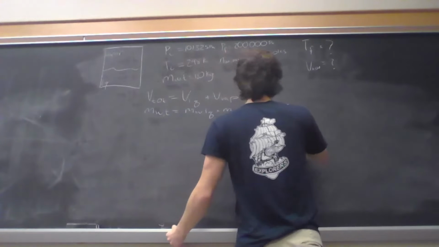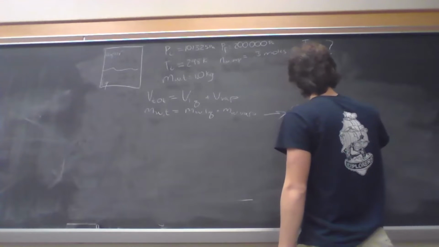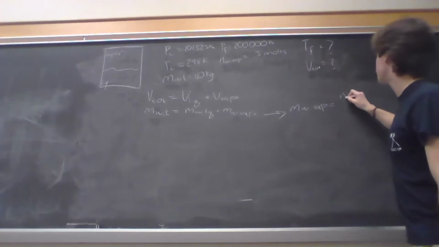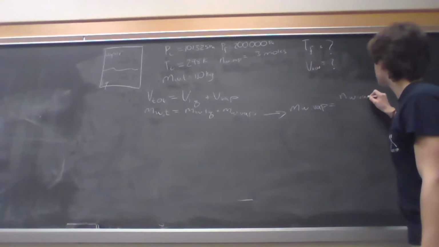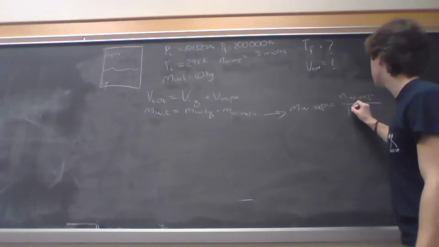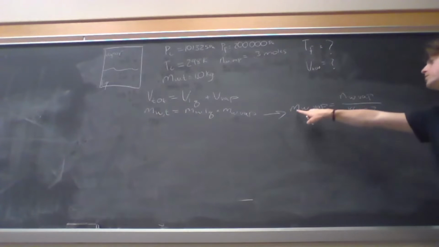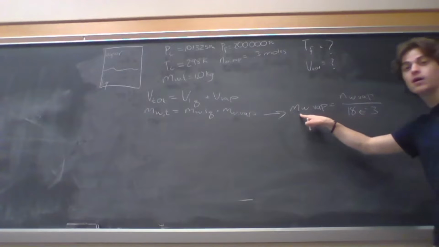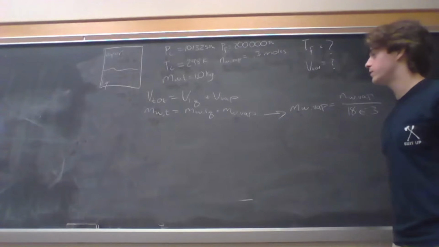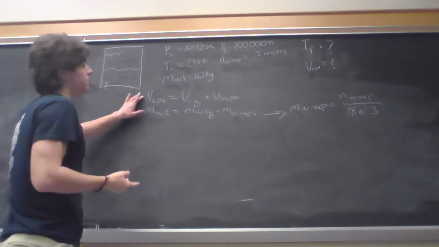So that is our mass of water in the vapor phase will be equal to the number of moles in the vapor phase at the end over the molar mass. So we're using the definition of molar mass here to find the weight of our water in the vapor phase.